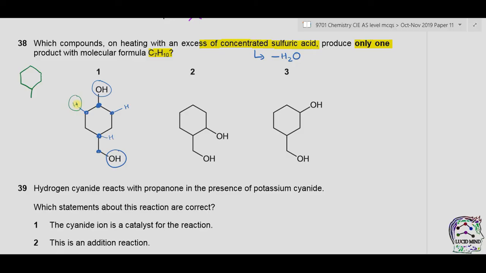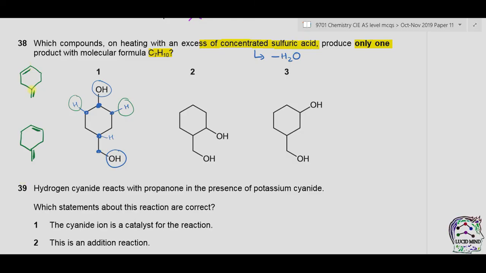If hydrogen is removed from this carbon, then a double bond will come between these 2 carbon atoms and another double bond will come between these 2 carbon atoms. While in the second product, if a hydrogen atom is removed from this carbon atom, the double bond will come between these 2 carbon atoms and one is present between these 2 carbon atoms.